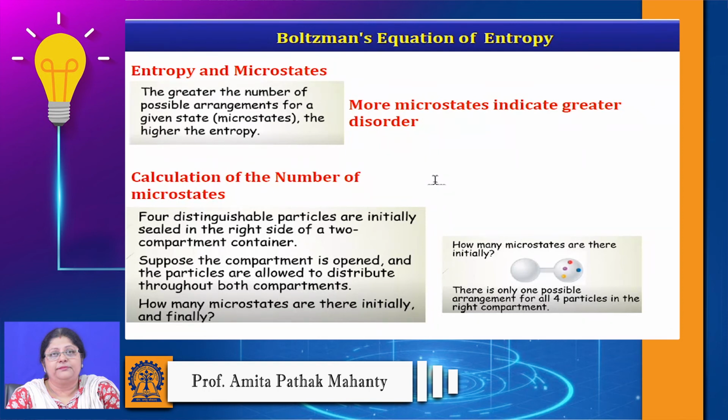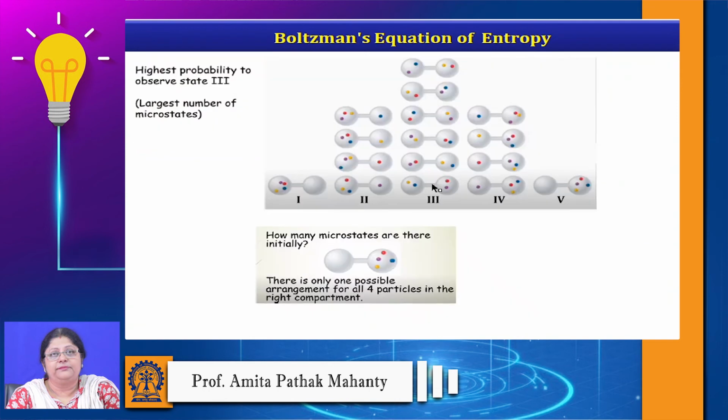So I will not discuss this any further. It is a very basic elementary explanation of what we can relate the entropy to. If you have understood a little bit, that is sufficient for this class.